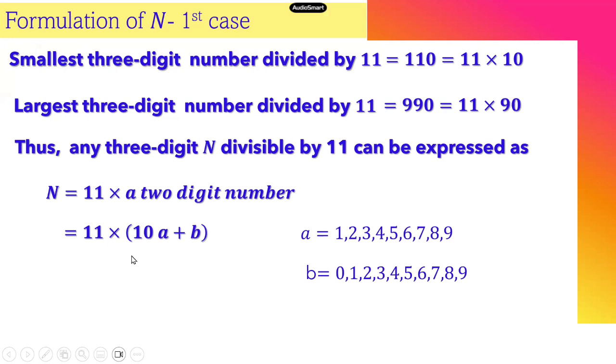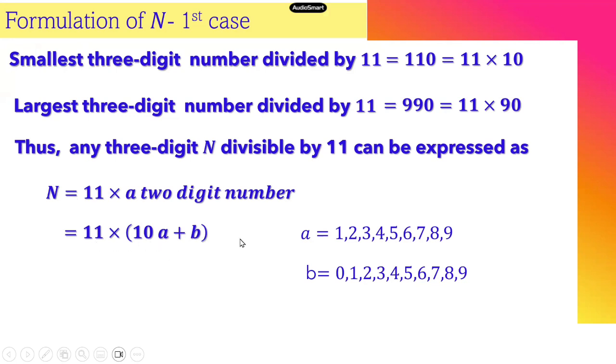Since it is a two-digit number, we can write it as 10a plus b, where a is from 1 to 9 and b is from 0 to 9. So this is the form of n.